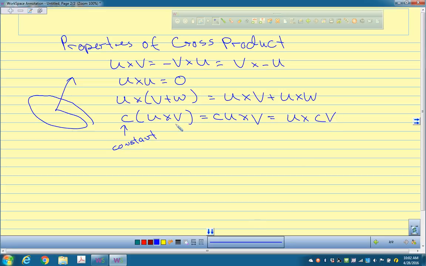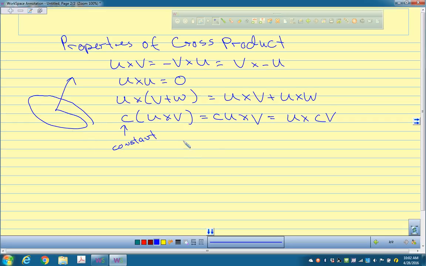So in other words, if I want to multiply the cross product by a constant, say this number is 5, then 5 times the cross product of two vectors is equal to 5 times the first vector crossed with the second vector, or the first vector crossed with 5 times the second vector. Understand that property?